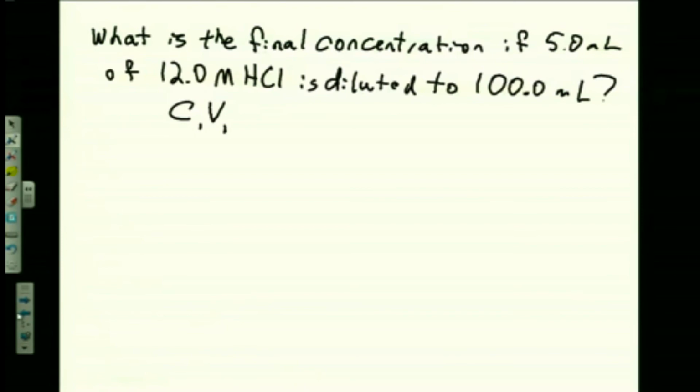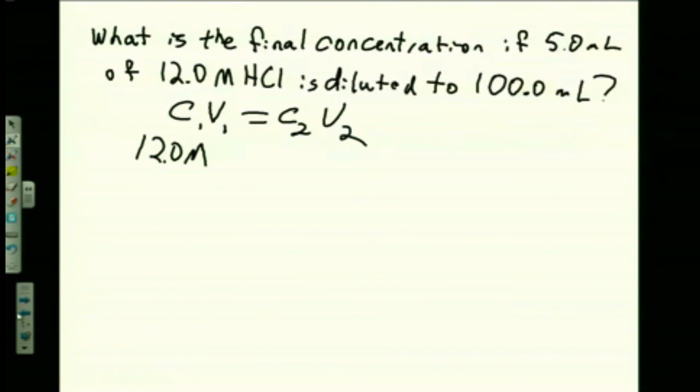C1V1 equals C2V2. All right, what's my starting concentration? Your starting concentration is 12 molar, right? 12.0 molar. And how much 12 molar am I going to use? How much of the 12 molar does it say I'm going to use? 5.